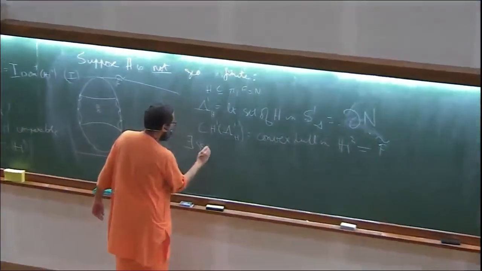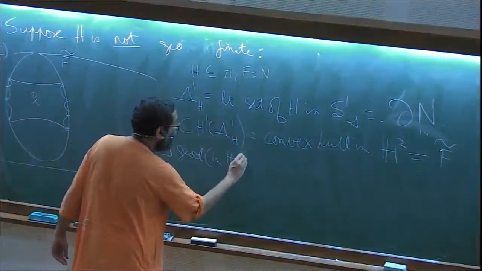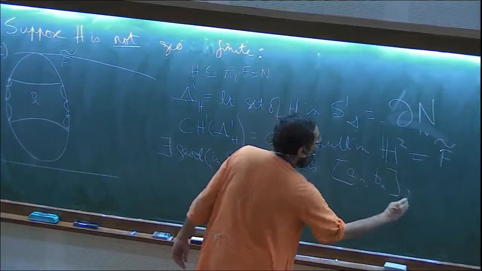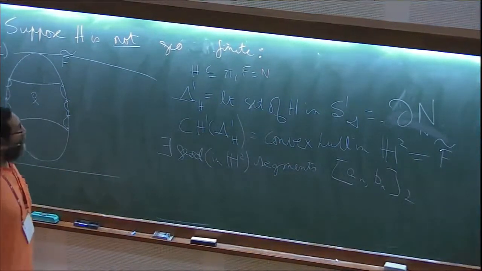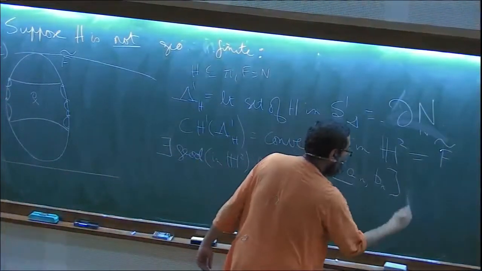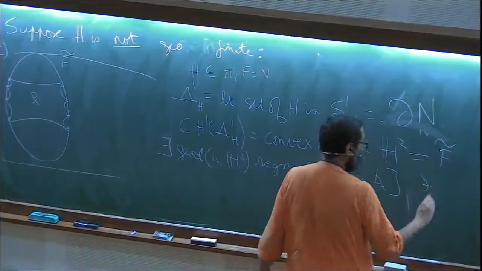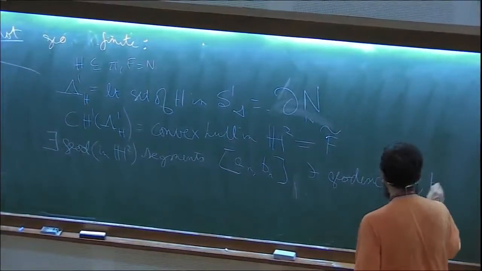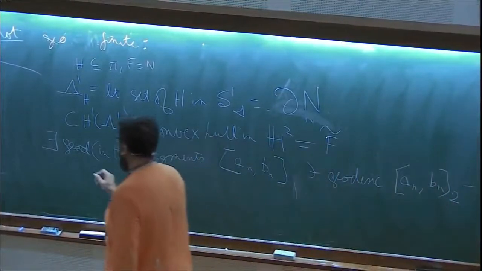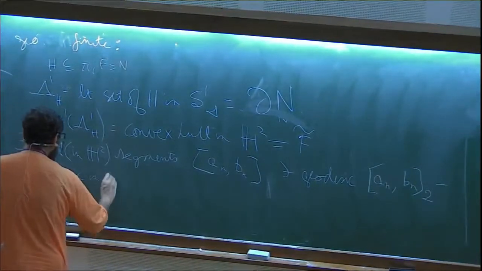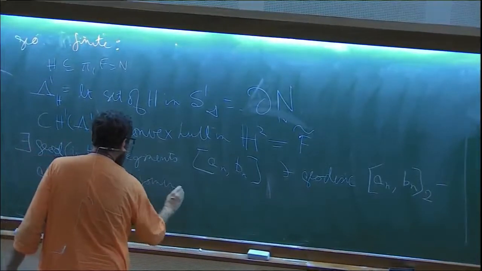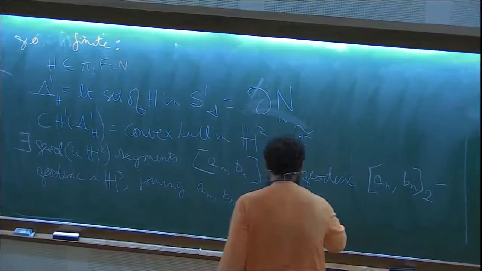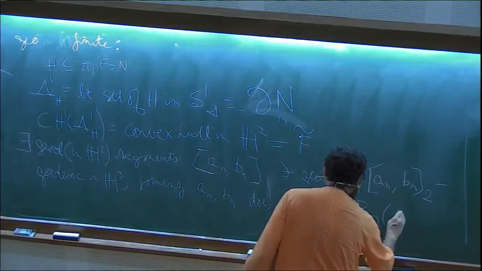There exist geodesic segments A_n, B_n in H2, such that the geodesic A_n B_n^2, the geodesic in H3 joining A_n and B_n, does not meet the n ball about your base point O.